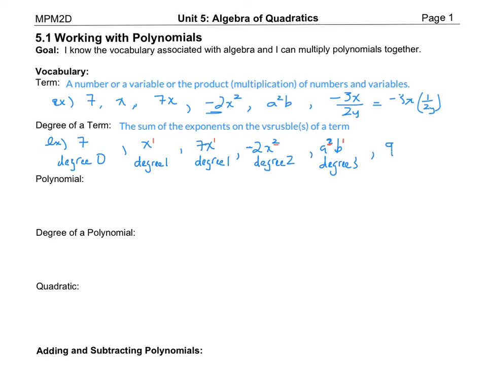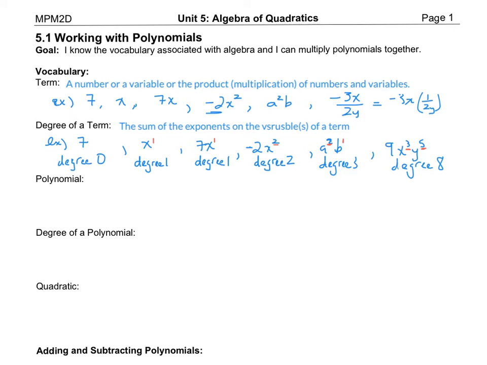If I had 9x cubed y to the 5, that would be a degree 8 because I would be adding the 3 and the 5 together. Degree 8. Okay, so that's the degree of a term. The 3 and the 5 added together gives us an 8.